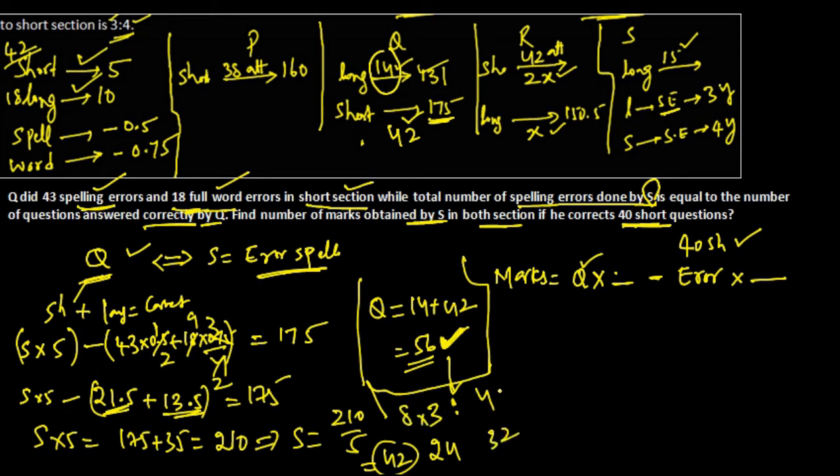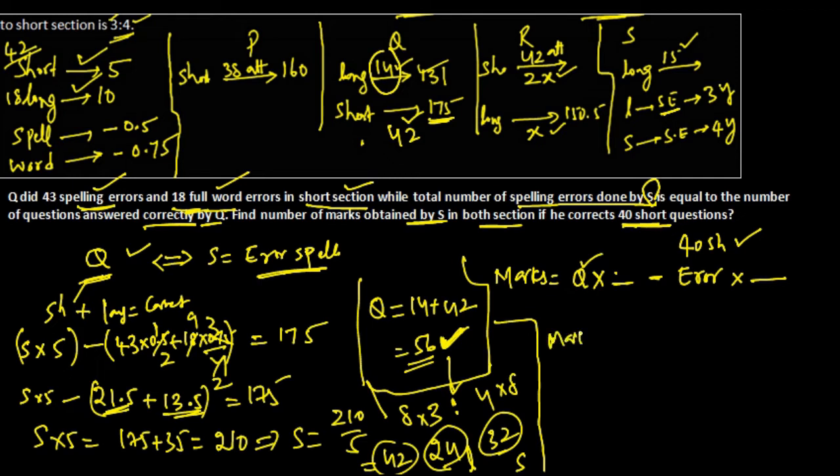So it means that this is nothing but 24 and this is nothing but 32. So if I multiply this with 8 and 8, so 24 is long spelling error and 32 is short spelling error. Now by using this, you got long errors, short errors, and also you got what are the long correct answers and what are the short correct answers. Now we'll find the marks.